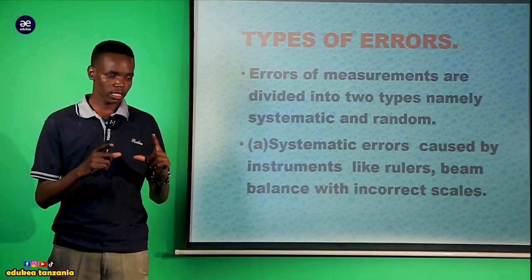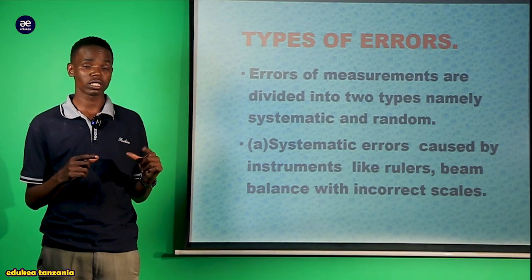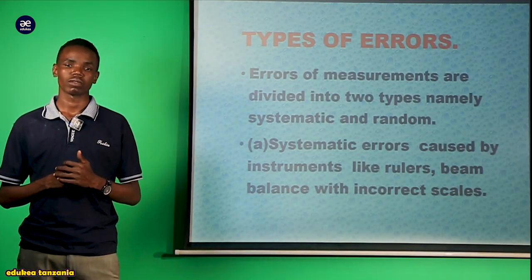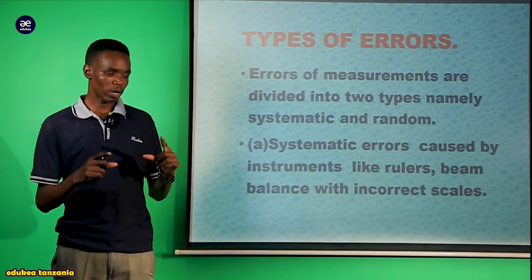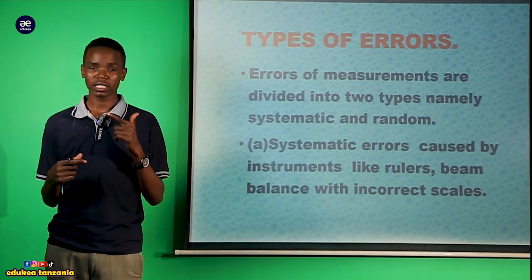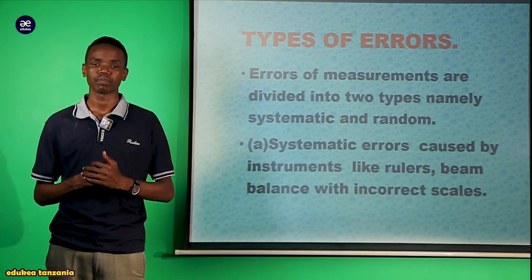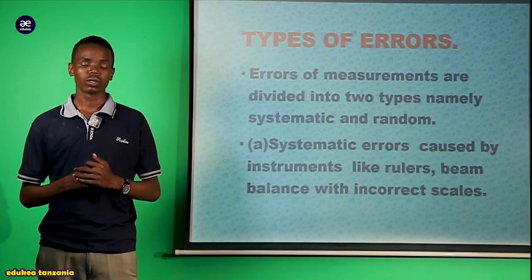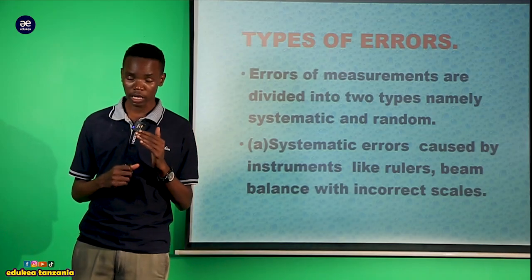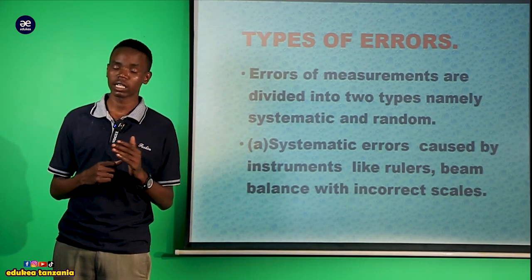The systematic error erupts due to the causes of the instruments. Unajikuta unapokuwa unachukua data, kile kifaa kinapokuwa ni long, basi kitakupelekea wewe kupata data ambazo sio sahihi. So that is the way we can explain the systematic errors.